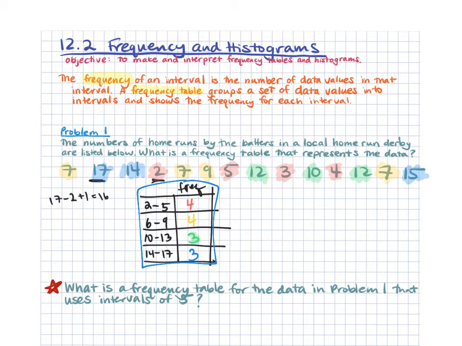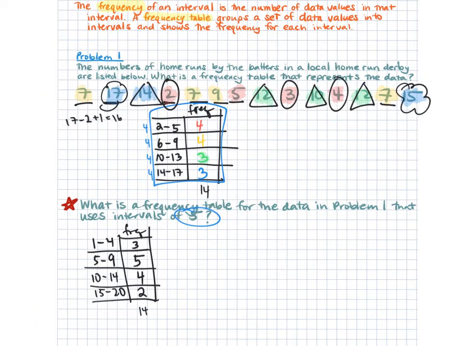Okay, so try that again with the same data, but make a frequency table for the data in this same problem that has intervals of 5. In this case, this was intervals of 4, right? There's 4 numbers here. So see if you can split that into intervals of 5 and then see how the frequency table changes. So try that on your own and then check back for the solution. Press pause. Okay, here is one example. You could do it however you wanted.